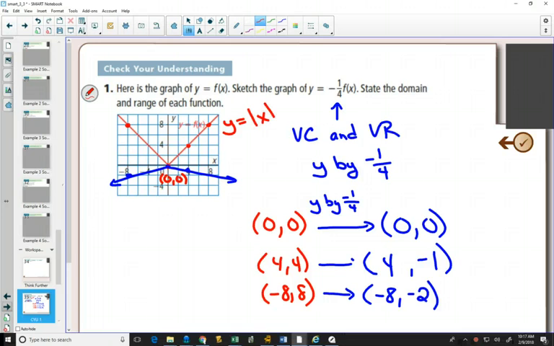So if I had asked you for an explicit equation for the blue one, well, if we look at this, what's happened? We've got a negative 1/4 in front of f of x, so we would have a negative 1/4 in front of the absolute value of x.